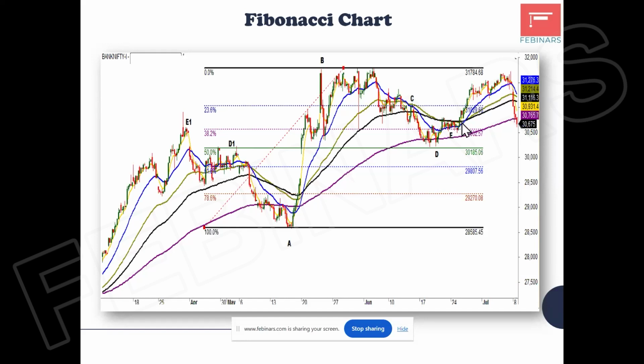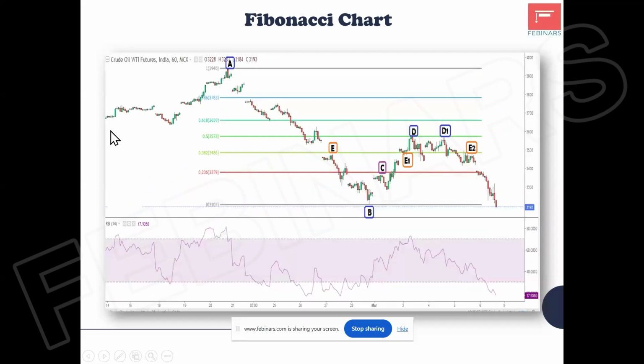Once it starts moving, the momentum gains. So that is how trade setups can be identified with the combination of what we learned last week, the moving averages, as well as the Fibonacci retracements. It's all the combination of tools in your analysis that will help us.